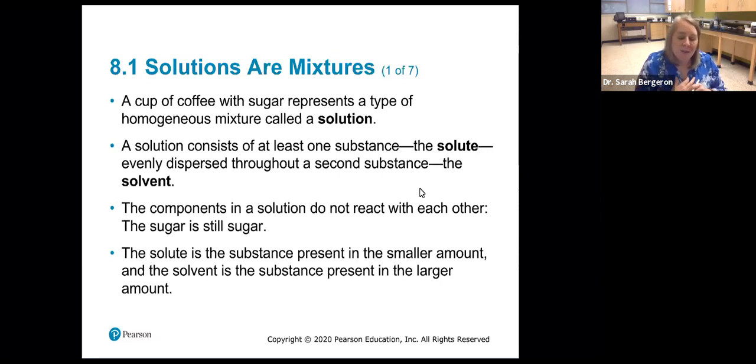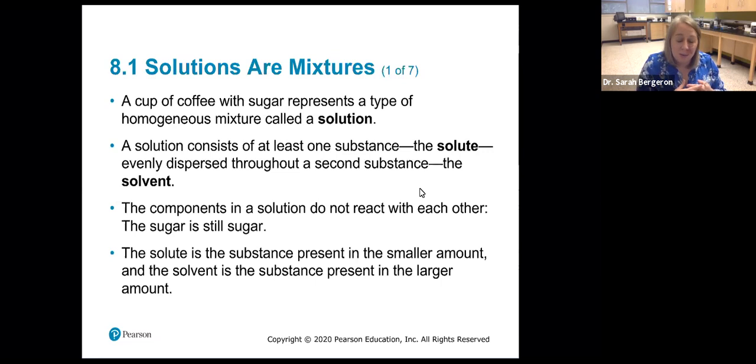So anytime you have a solution, you've taken two things and you've mixed them together. We have scientific names for those two things. We call them the solute and the solvent. So the solute is the one that is in lower concentration, and the solvent is the one that is there in the larger concentration.